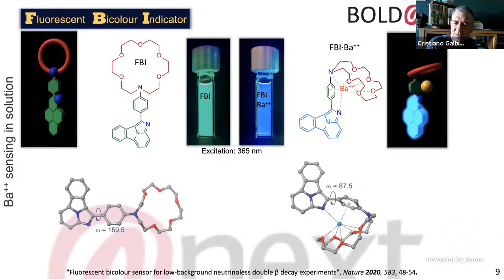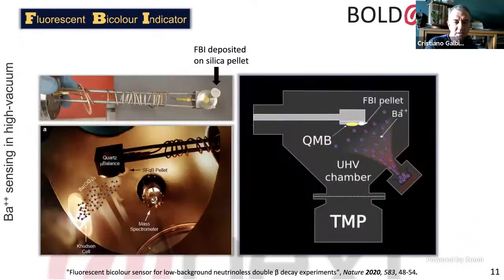This is something that goes under the name of FBI, where it's nothing about the Federal Bureau of Investigation, but it's a fluorescent bicolor indicator. And it's a very recent development.